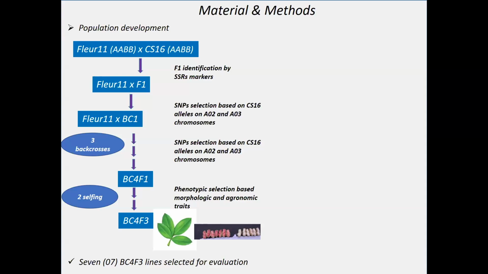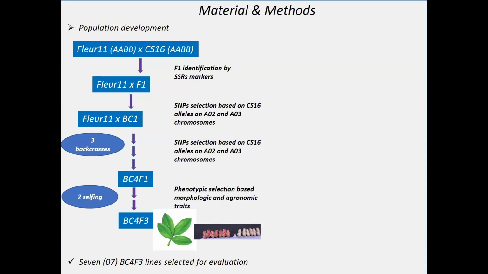At the BC4 stage, we performed two steps of selfing, during which we did a phenotypic selection based on characteristics like plant habit, precocity of flowering, and pod and seed characteristics like size and color.